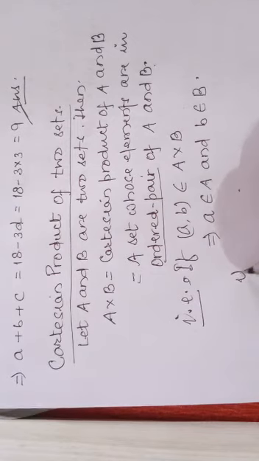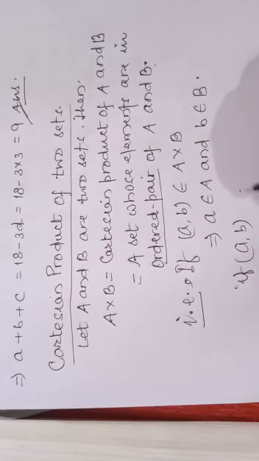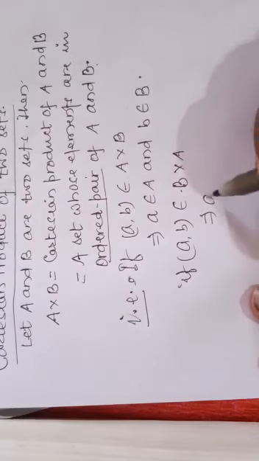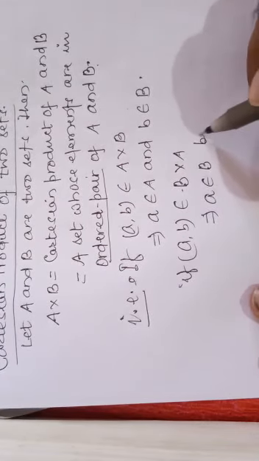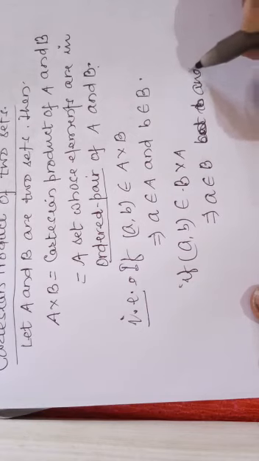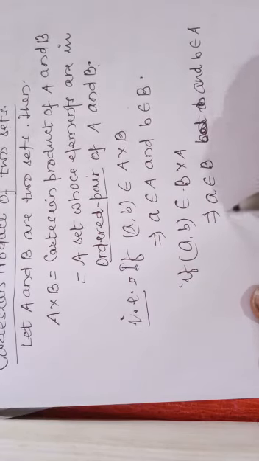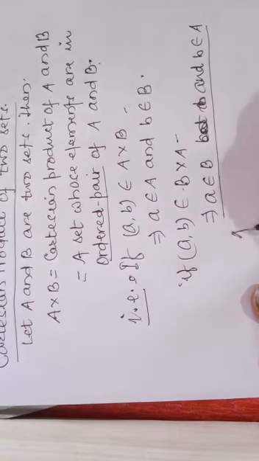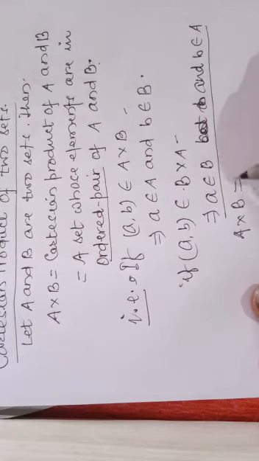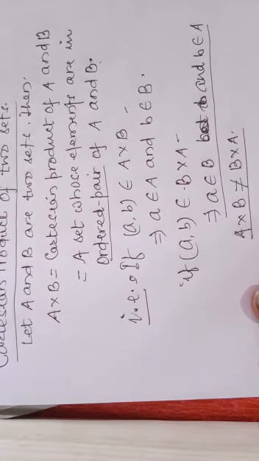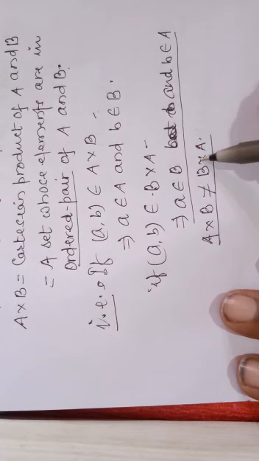Similarly, if (a, b) belongs to B cross A, according to the definition, its meaning is a belongs to B and b belongs to A. On this basis, we can say A cross B is not necessarily equal to B cross A. So children, this is a part of the commutative law.